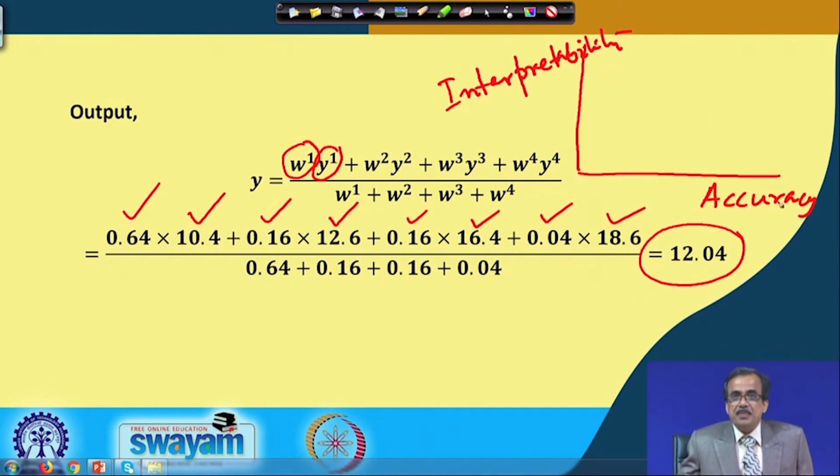For the Mamdani approach, the interpretability will be high, but the accuracy is low. So, this could be the Mamdani approach. For Takagi and Sugeno's approach, the accuracy is high, but interpretability is not good. So, that particular point is here.